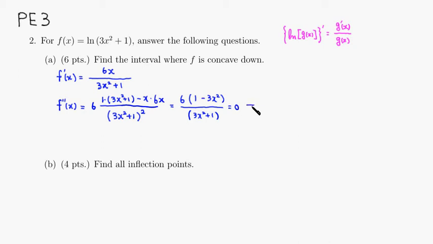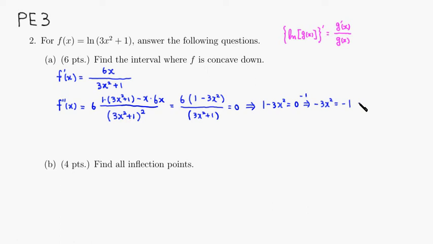We can just make the numerator equal to 0. 6 is gone, so you just set 1 minus 3x squared equals 0. Then I'm going to subtract 1 from both sides. You have negative 3x squared equals negative 1.